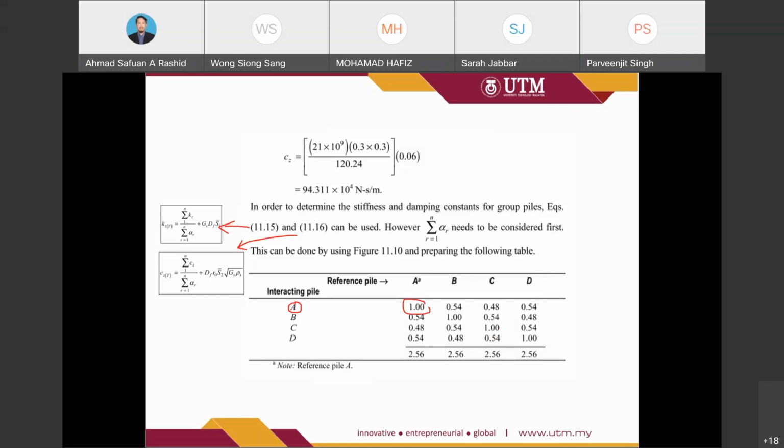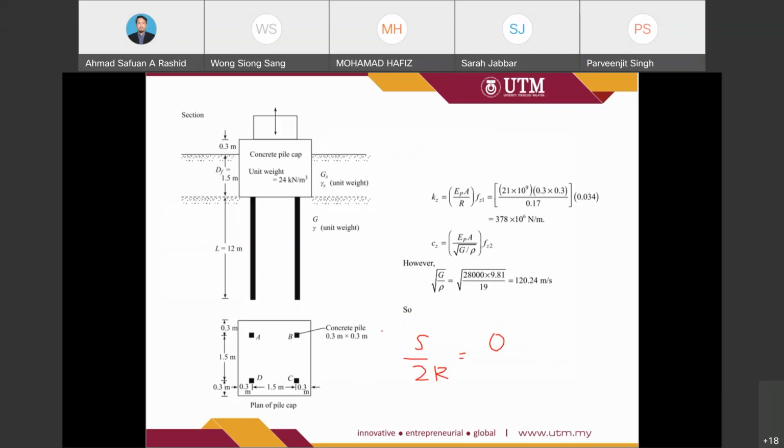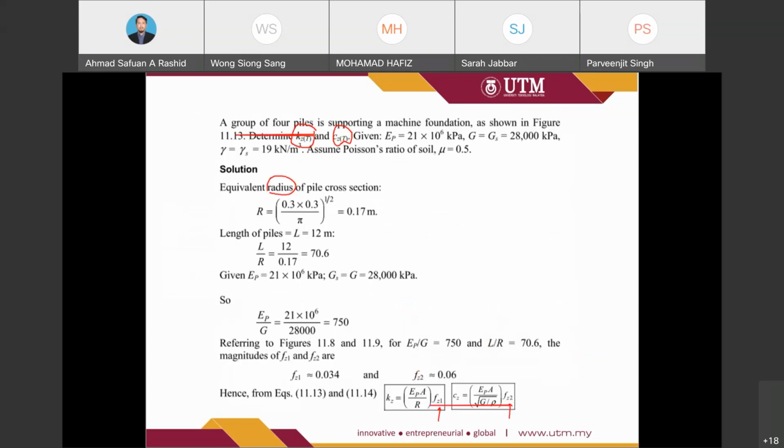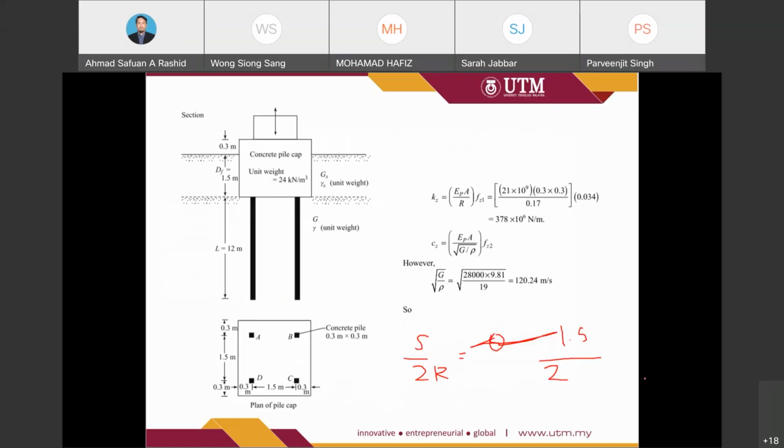Now we look at the B. A to B, the spacing is 1.5, so we drop here at 1.5 over 2 times the R value, which is 0.17. Let me get the calculator first.